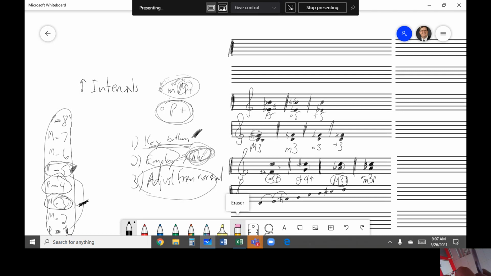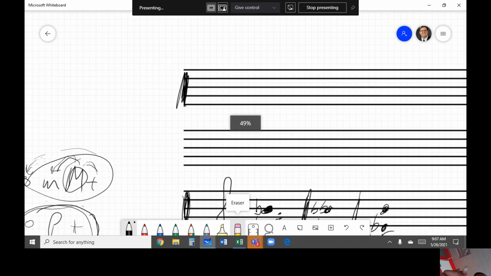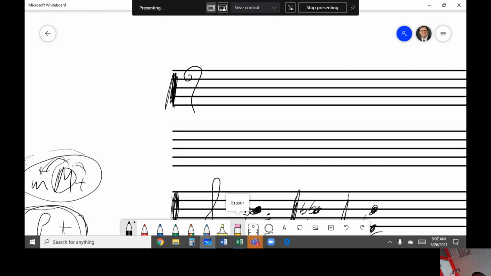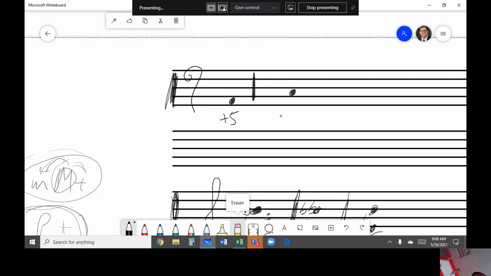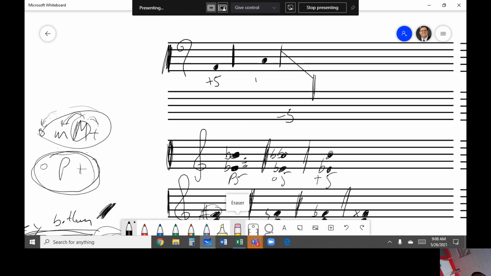Let's do some on your own. Get out a blank sheet of staff paper. Oops, sorry. Let me get rid of that sharp. I'm not sure why it's doing that.